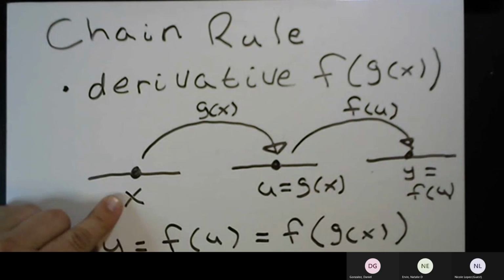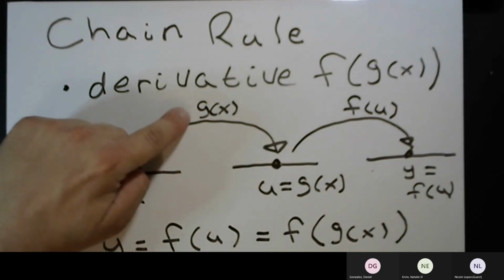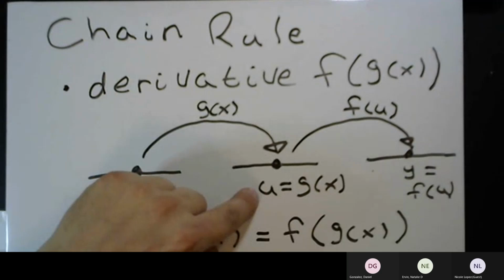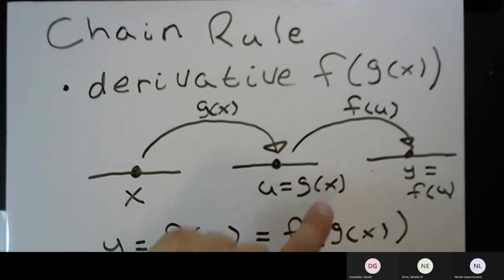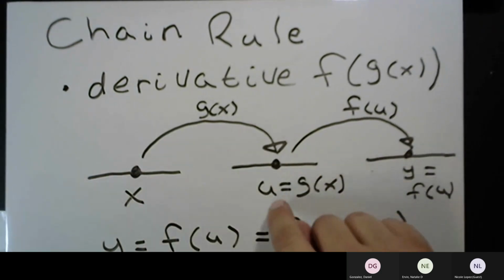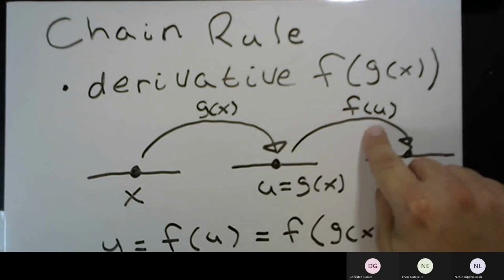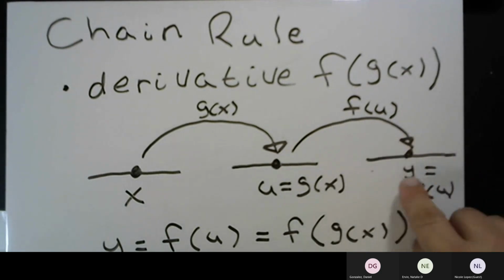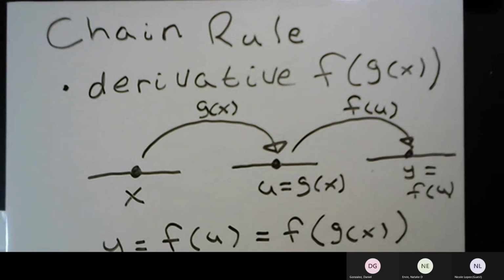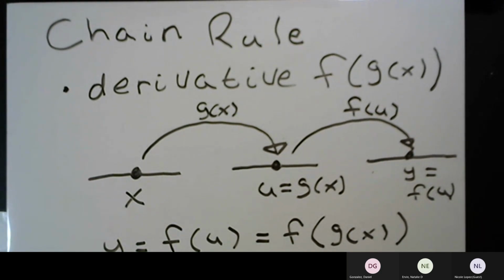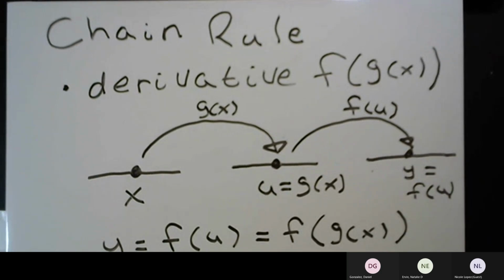We take some number x on the number line and put it into a function g, which gives us an output u. u is g of x. Then we take u and put it into a function f, which gives us an output y. y equals f of u, which is just f of g of x.